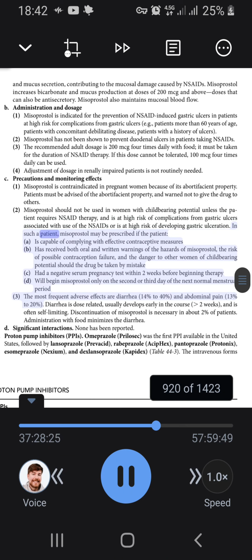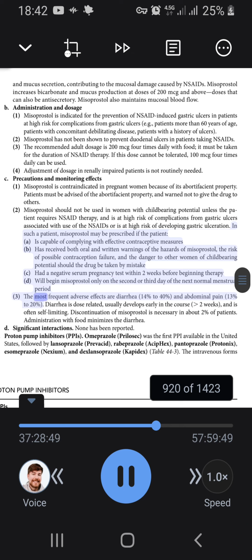In such a patient, misoprostol may be prescribed if the patient: A. is capable of complying with effective contraceptive measures, B. has received both oral and written warnings of the hazards of misoprostol, the risk of possible contraception failure, and the danger to other women of childbearing potential should the drug be taken by mistake, C. had a negative serum pregnancy test within 2 weeks before beginning therapy, D. begins misoprostol only on the second or third day of the next normal menstrual period.